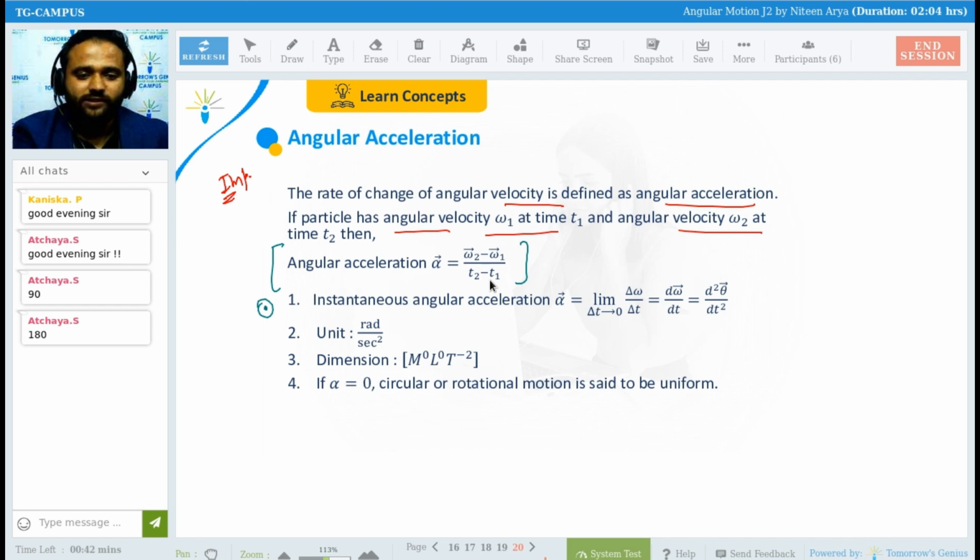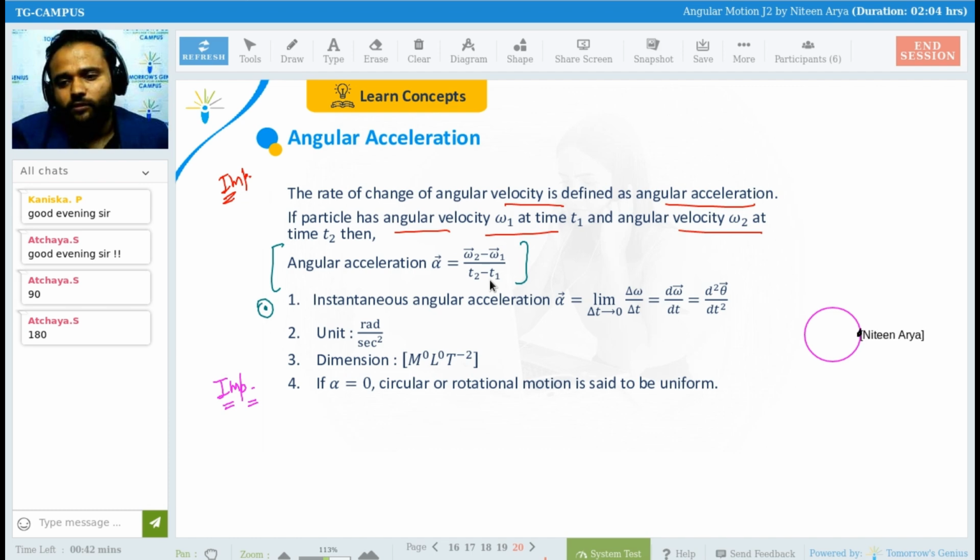If alpha is 0, that is an important point again, for uniform circular motion, either circular or rotational motion, alpha is 0. Why? Because at that time in circular path omega is constant. What does it mean?